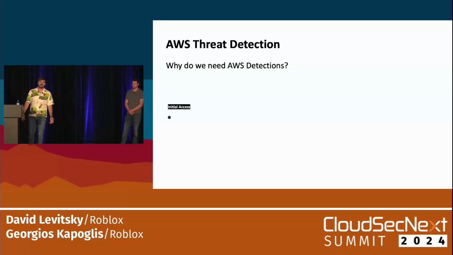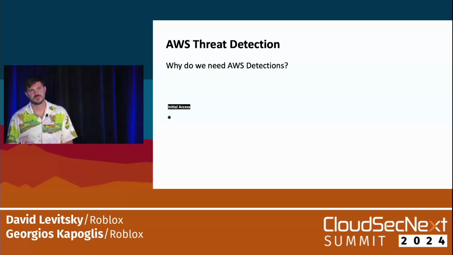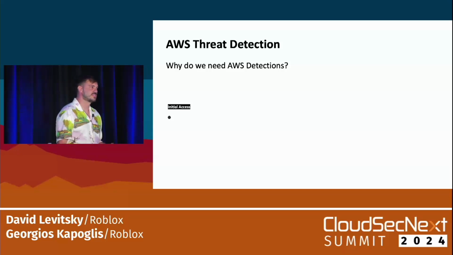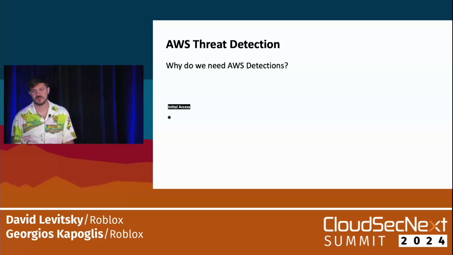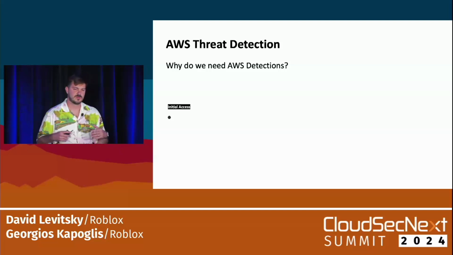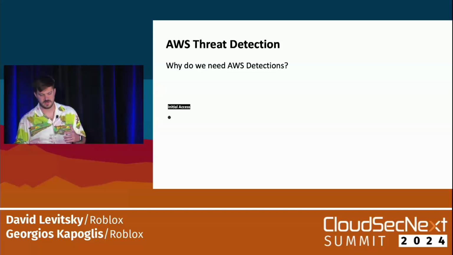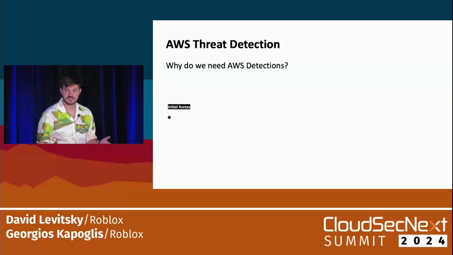So for example, we want to write a detection probably on CloudTrail to detect someone trying to elevate their privileges, potentially creating a new user or attaching a new policy to a user or a role, trying to do privilege escalation or even persistence in our environment. So AWS detections are very, very important.